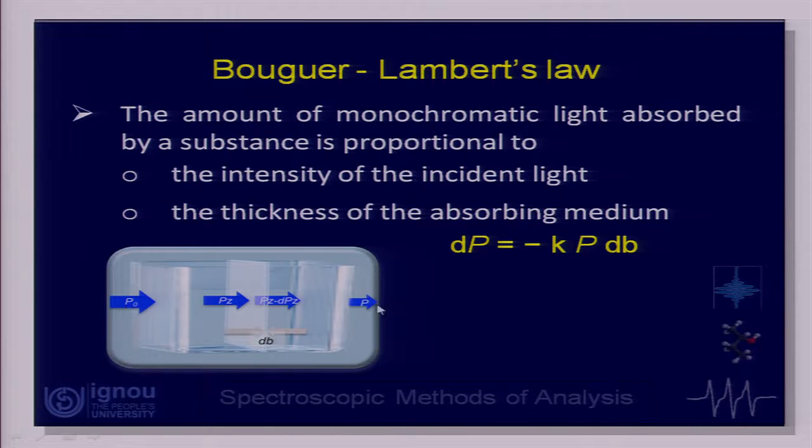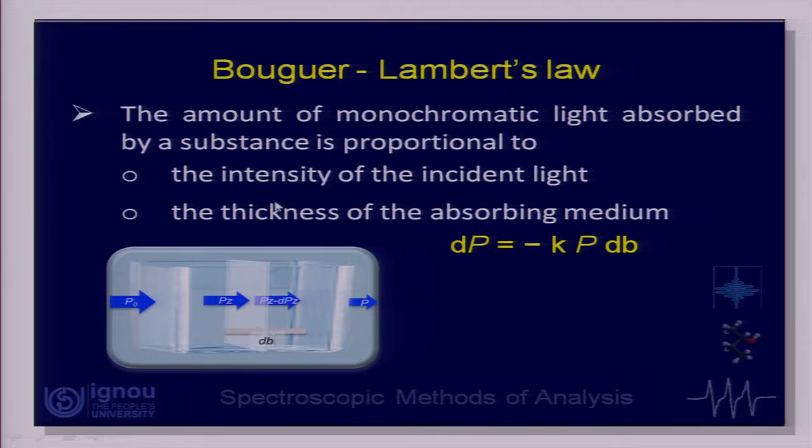Then this P happens to be the intensity of the transmitted light or radiation there. And in between that, I just made a small slice of the sample compartment over there, which is shown as of a thickness dB. And this is the intensity which is coming over there, say P, and this is P minus dP. So, this Z basically is telling about the direction part of it, that is the material here.